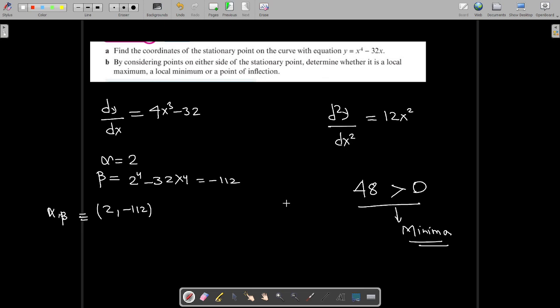The coordinate that we found out is not correct. Here we'll put 2, not 4. Instead of x, you're putting 2, right? Why did you put 4? I didn't put 4.